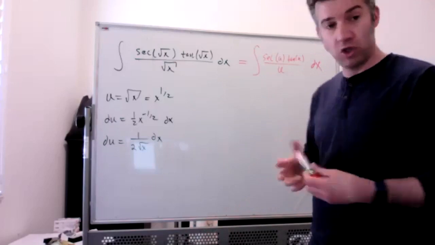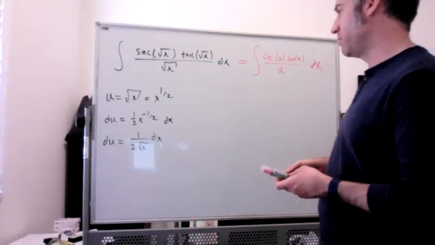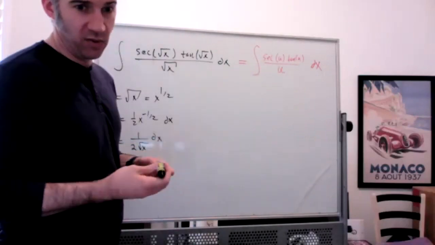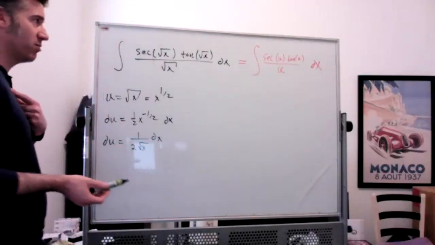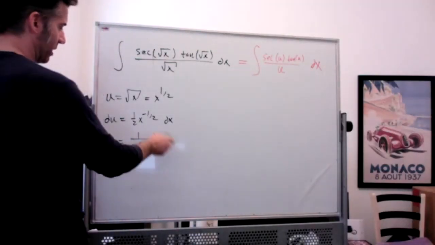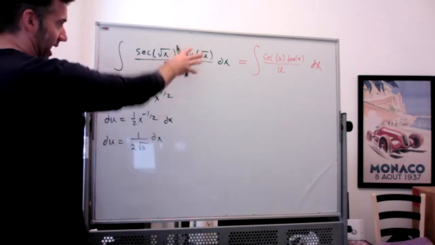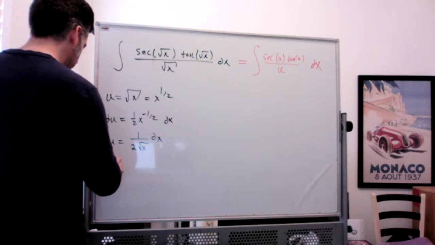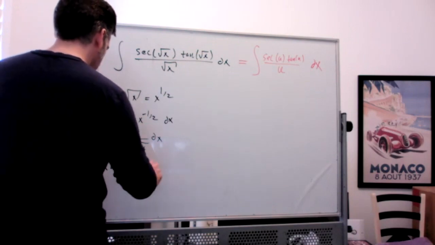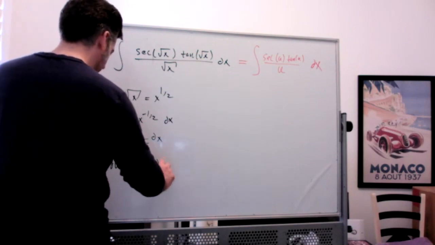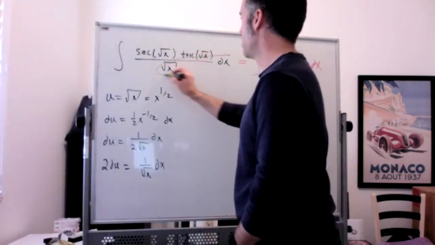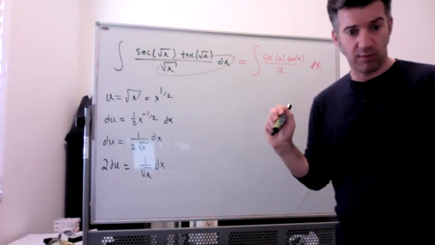So here's what we should be doing. In fact, there's actually more than one way of doing u substitutions. My personal preference is to always try and make this right-hand side look like what I have in the integral. So I multiply both sides by 2. We can say that 2 du is 1/root x times dx. And I have a dx divided by root x.